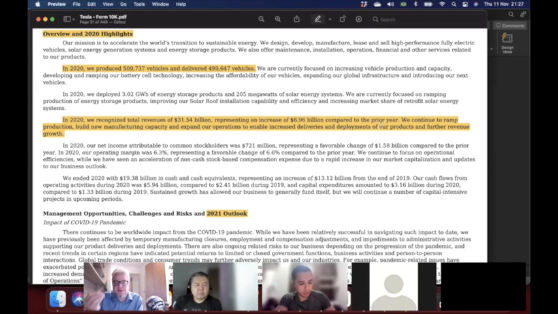So pay attention to the way that they write the sentence, to the vocabulary that they use. We continue to ramp production to increase production, building new manufacturing capacity and expanding our operations to enable increased deliveries and deployments of products and further revenue growth.